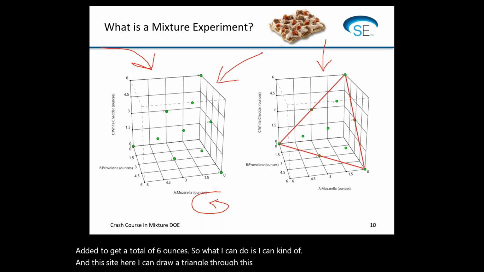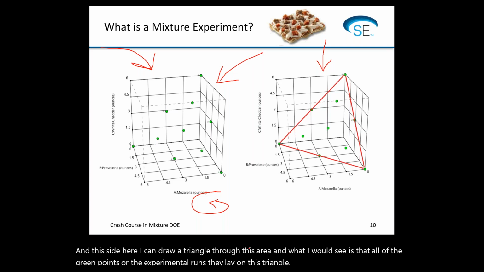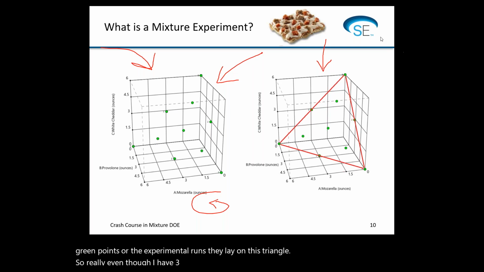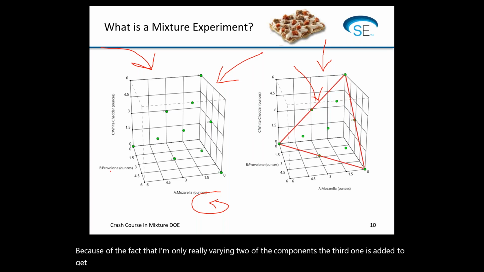And what I would see is that all of the green points, or the experimental runs, lay on this triangle. So really, even though I have 3 components, I only have 2 dimensions because I'm only really varying 2 of the components. The third one is added to get the total of 6 ounces here.